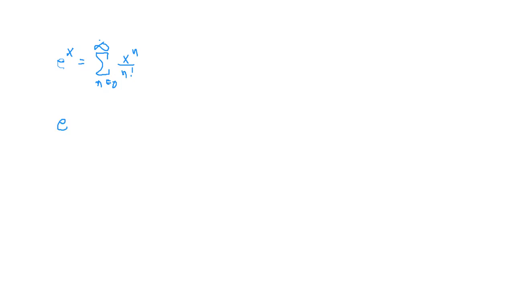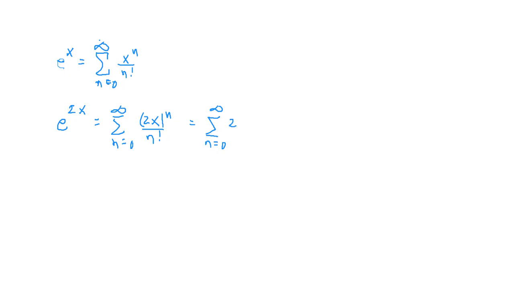That means to find the Maclaurin series for e to the 2x power, all you need to do is substitute in 2x for x. Okay, and we can then get the Maclaurin series for e to the 2x power.